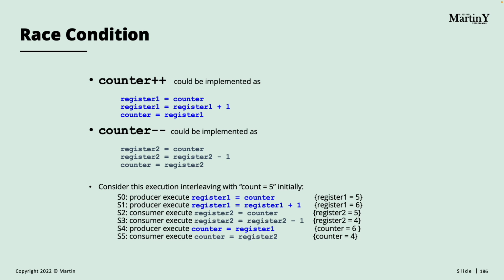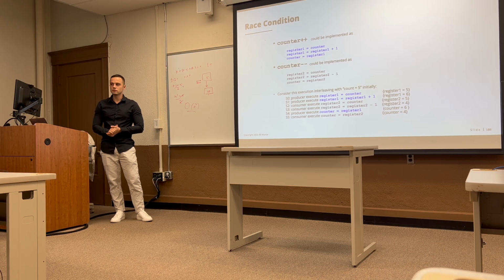So if you run this with threads, with multiple threads, right? So we run it at the same time, okay? And let's say we start the thread of the producer first, and we start the thread of the consumer second, okay? But still they are sent to the register at the same time.